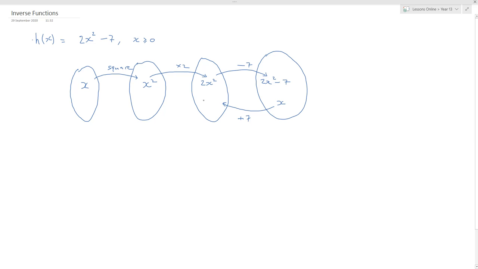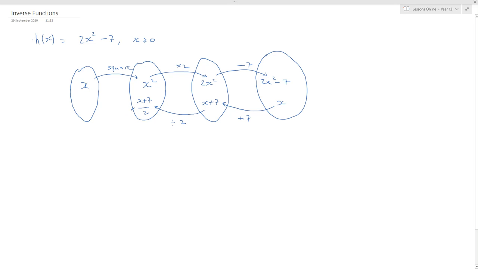That takes me to x add 7. The inverse of multiplying by 2 is dividing by 2, so I do that here. Divide by 2. It's the inverse of timesing by 2.